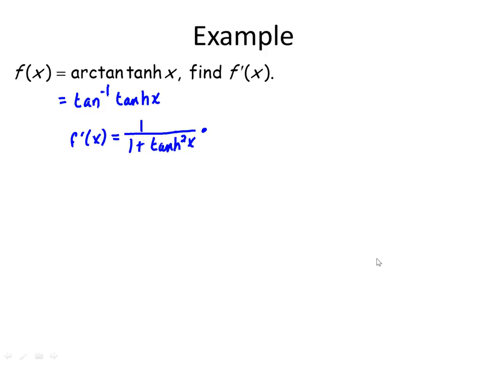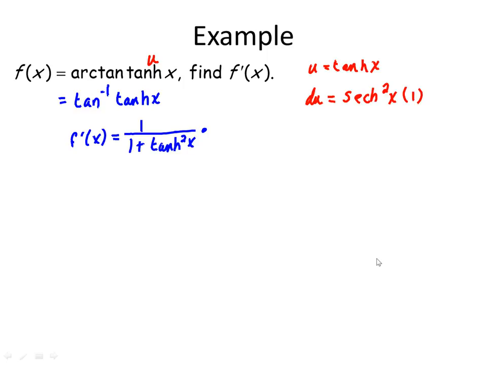But u in this case is tan x. So if u is tan x, what is du? Got to go to the other ones. The derivative of tan u is sec squared u. U in this case is x, so we don't need to worry about the du. I can write it in there if you want me to, but the derivative of x is just 1.